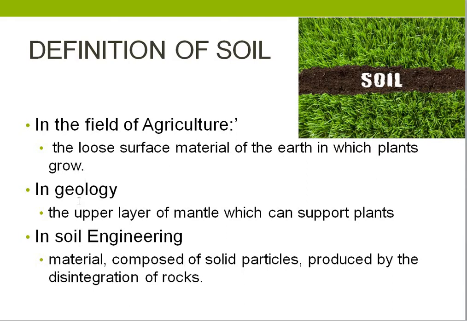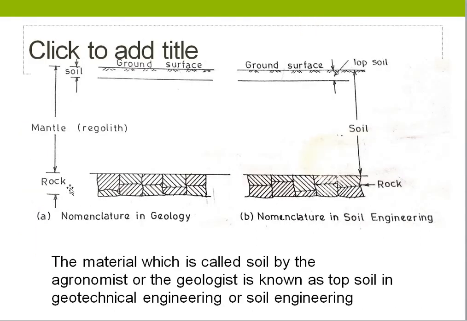But for a geologist, the soil is the upper layer of the mantle which can support plants. As you can see in the next slide, this is the nomenclature in geology. The top portion of the mantle which can support plant life is called soil. So also you can see the nomenclature in soil engineering.